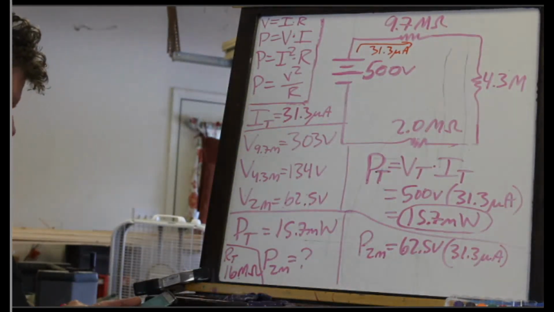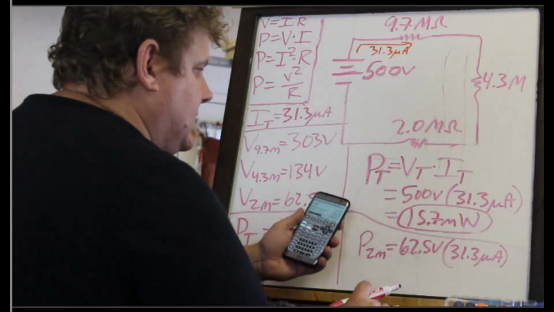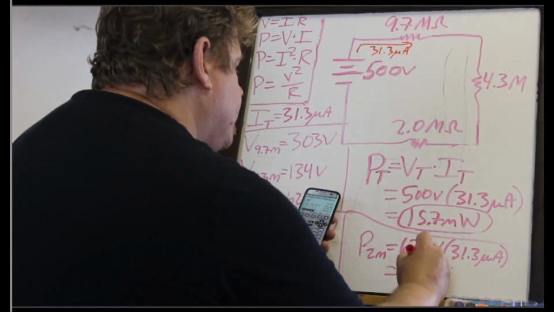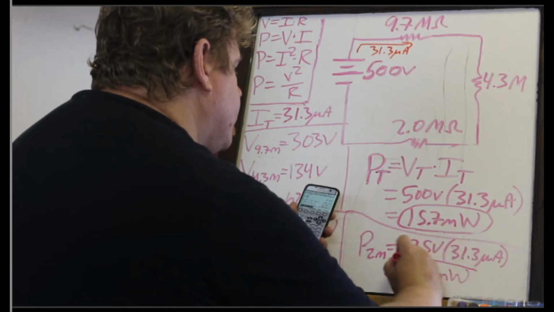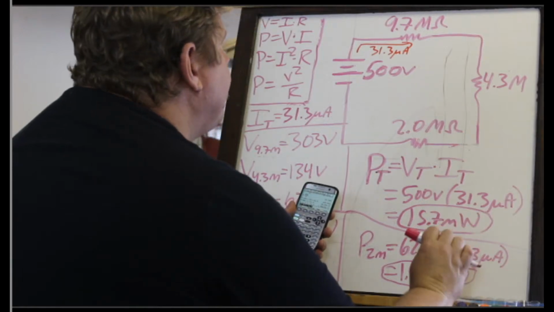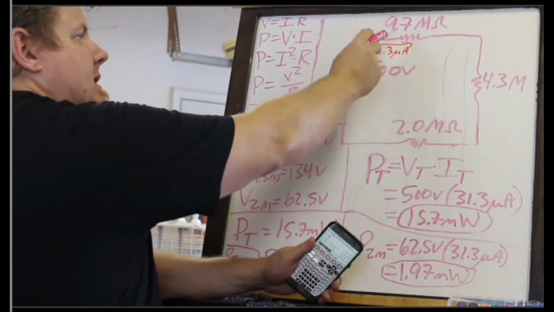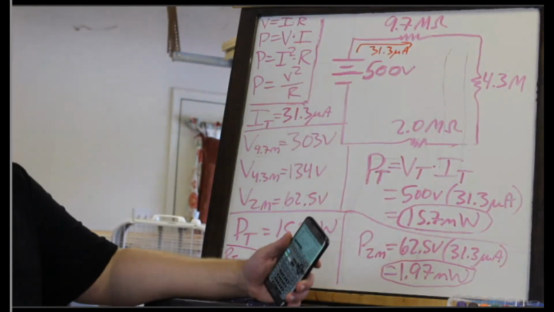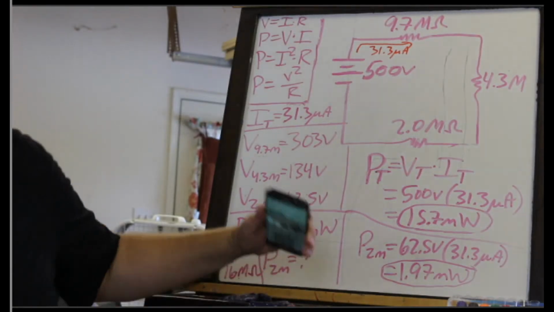And yes, in this case, I do use the exponents in my calculation. 1.97 milliwatts. This is more than half, so I would expect that to take more than half of this 15.7. It's probably up around 9 milliwatts, somewhere around there, maybe a little bit less.